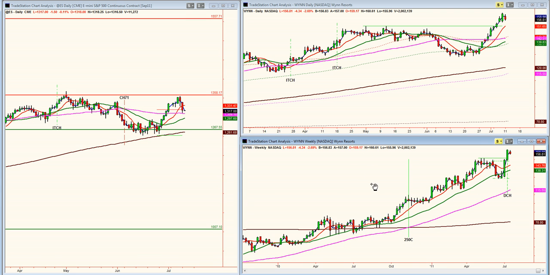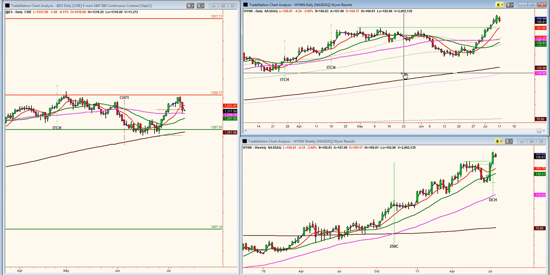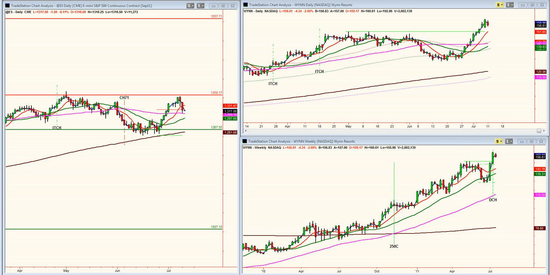One of the things that I have designed is an indicator that tells us when a trade is set up on a weekly chart and the daily chart. And we look for correlation on the weekly and the daily, along with the correlation with the general market. So when we look at the general market here, you can see that during the time that we had this nice rise in the general market from the support level up, WIN also moved up.